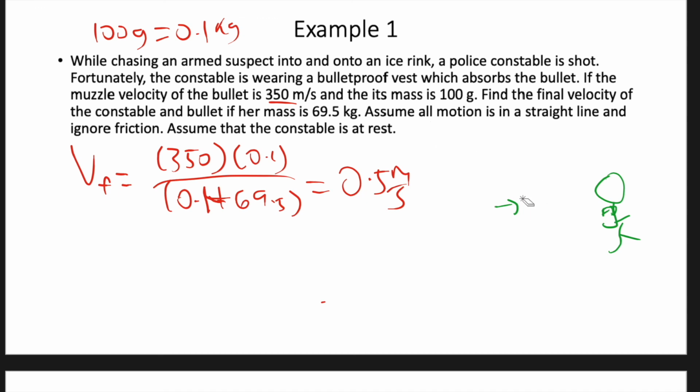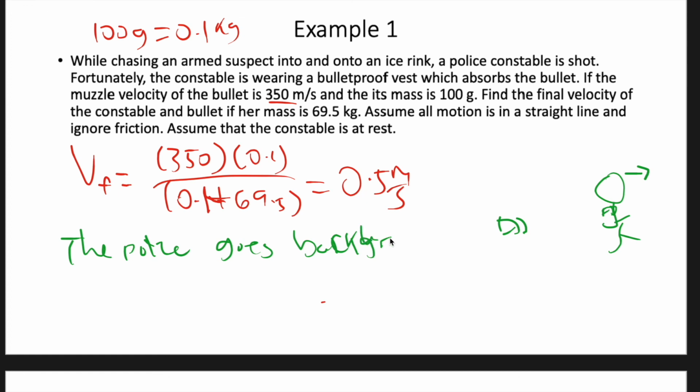But let's think about it. The bullet is going in this direction, so what we can say is the police constable goes backward, at a speed of 0.5 meter per second, right?